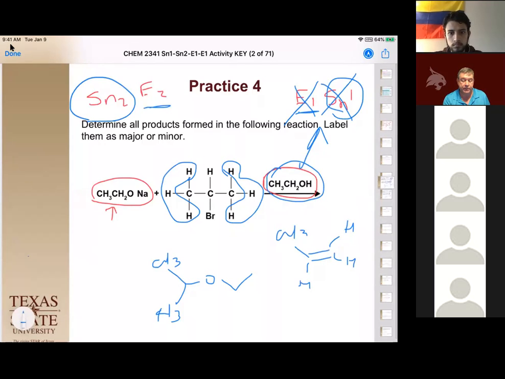So now we have 2 choices. We have our substitution product, our SN2 here, and our E2 product here, okay? Because we have a secondary substrate, the reaction on secondary substrates is slower than that of primary substrates. So that's going to make this the major product and this the minor product.